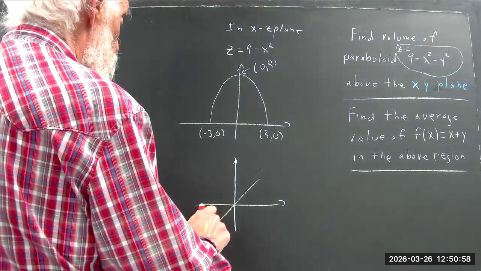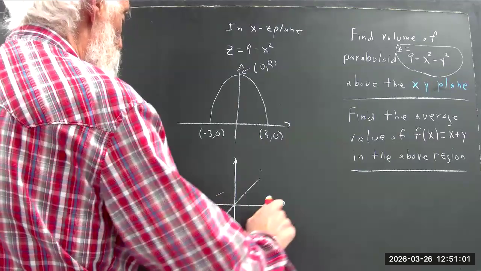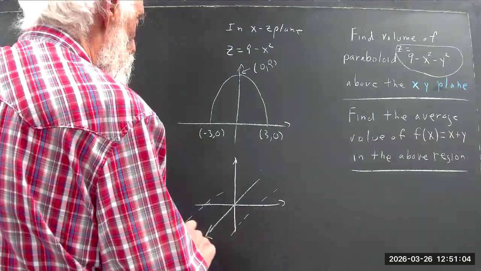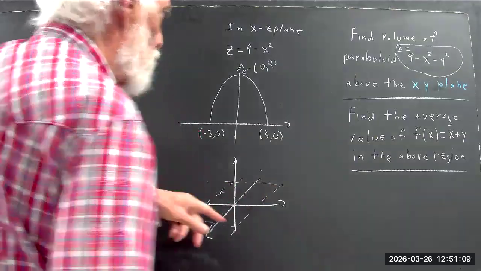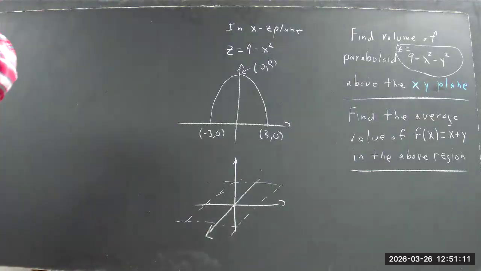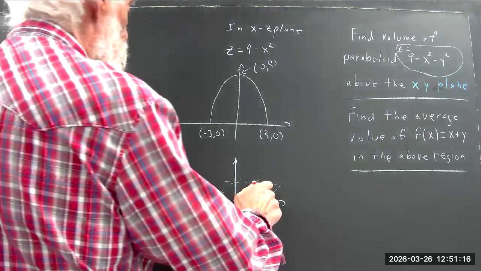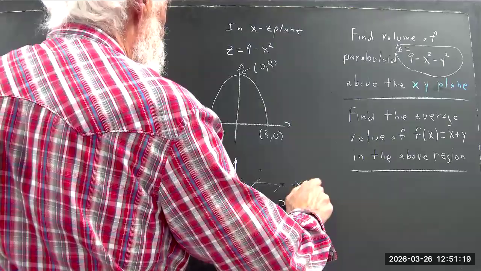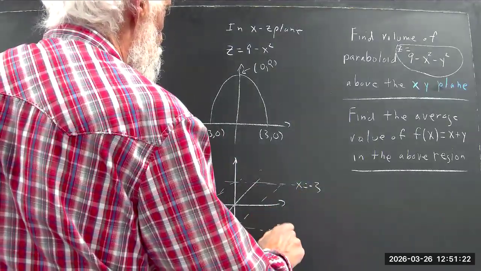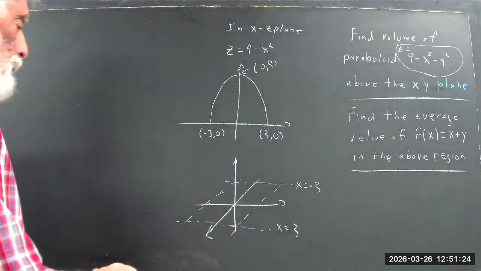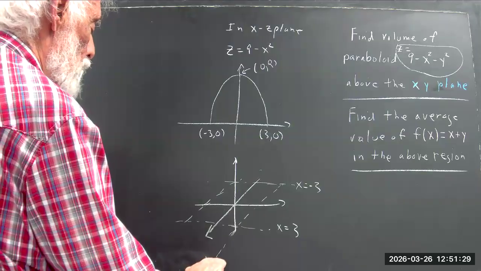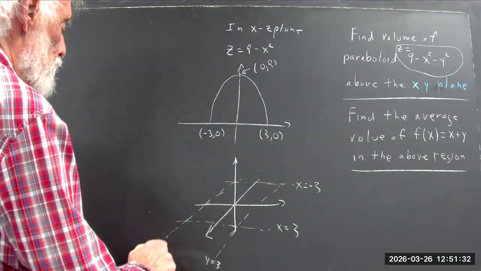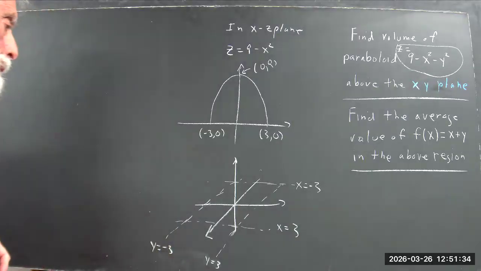Okay, so down here, we can sketch this region. I'm going to just sketch a 3 by 3 square here, or 6 by 6, okay? In other words, we're going from x equals negative 3 to x equals 3. If we extend these lines, we've got y equals 3 here and y equals negative 3 here.